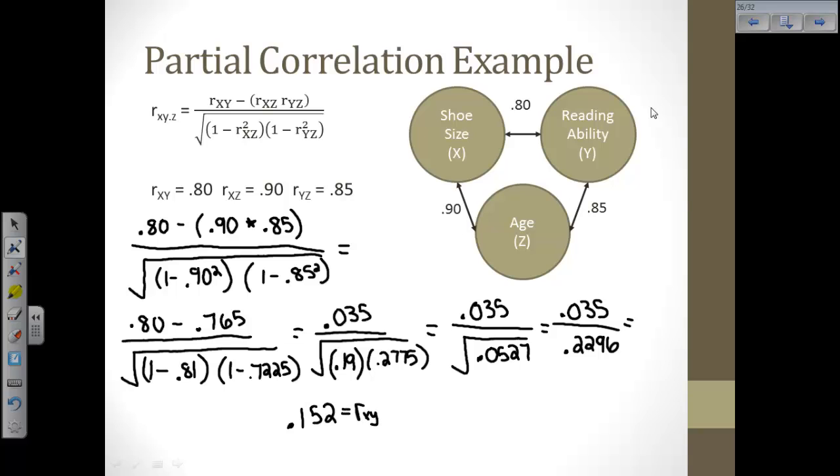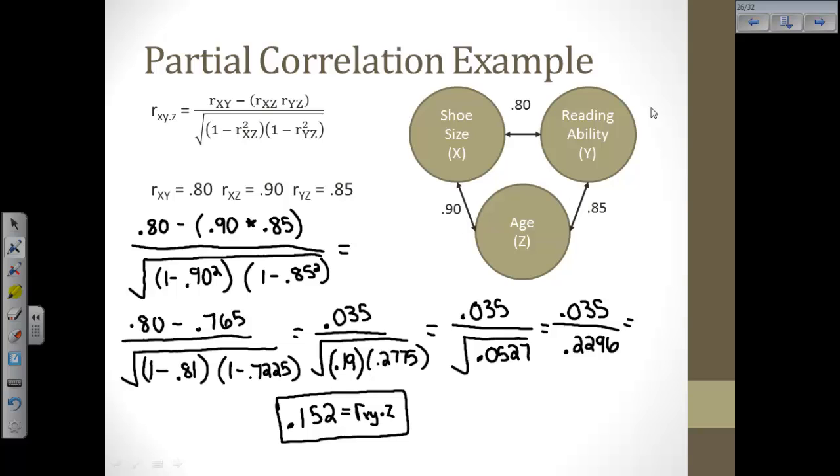R between X and Y after controlling for the relationship between Z and Y and Z and X. Or in other words, this is the correlation coefficient for the relationship between shoe size and reading ability after you control for the relationship between age and shoe size and the relationship between age and reading ability.